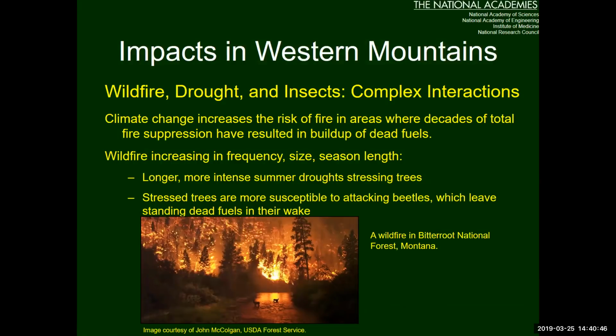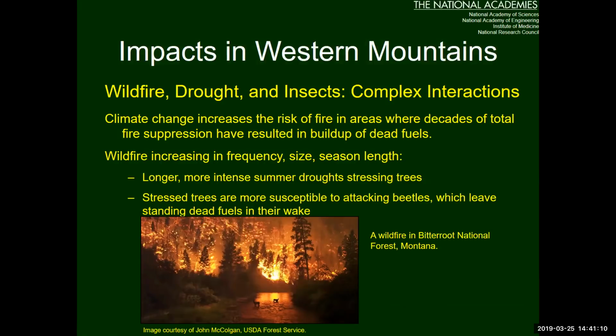And those cold winters used to serve as a check on insect populations. Now the insects are able to increase their populations because winters are not as severe. And this combines with summer droughts, making these trees highly vulnerable to attack by the beetles, which causes them to be even more susceptible to dying.